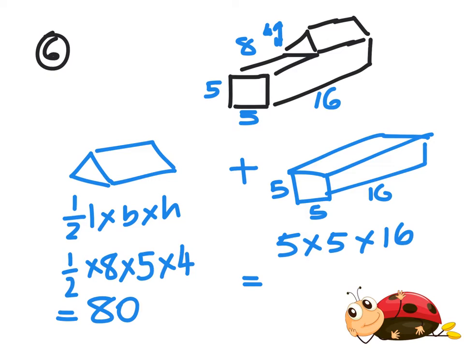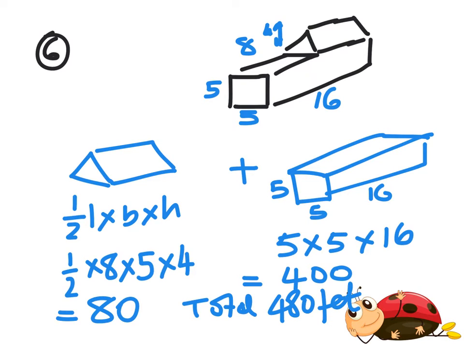That comes to 300 and, let me get this right. No, it doesn't. That comes to 400. Sorry, 400. So the total, you add them together, and it gives us 480. And because it's in feet, feet squared.